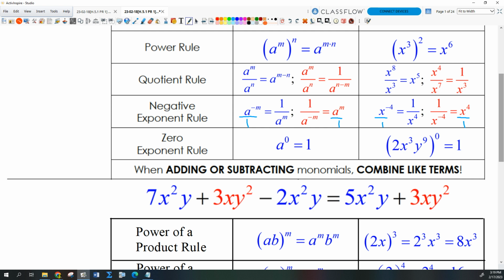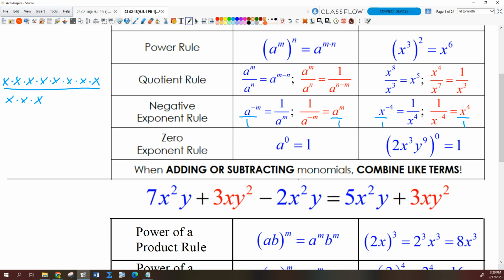And really, if you think about what's going on there, it makes more sense to do it this way. Here, I'll show you an example. Let's look at these two examples. If we have x to the 8th over x cubed, isn't that the same as x times x times x times x times x times x times x times x, over x cubed, which is just x times x times x?